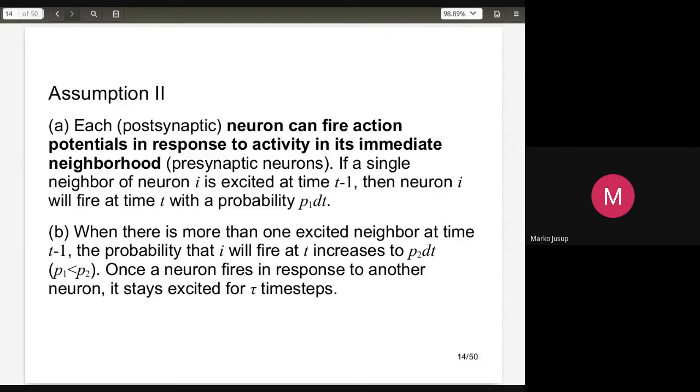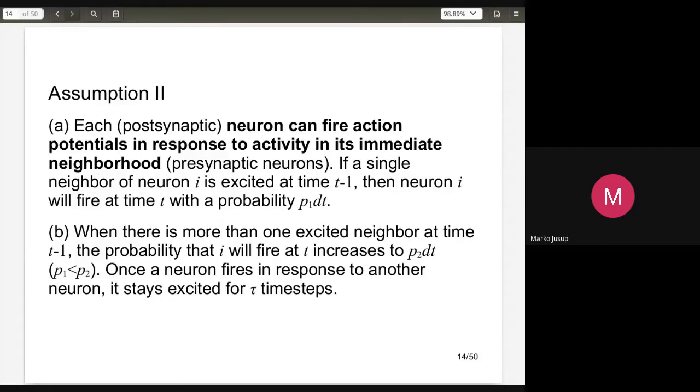And in this particular model, we were saying, okay, if there is just one neighbor that is firing, then there is one probability for connected nodes to become active. And if one node has two or more active neighbors, then there is an even higher probability that the node will become active.